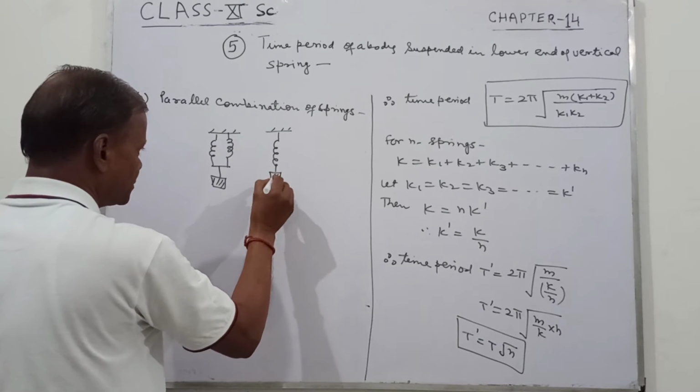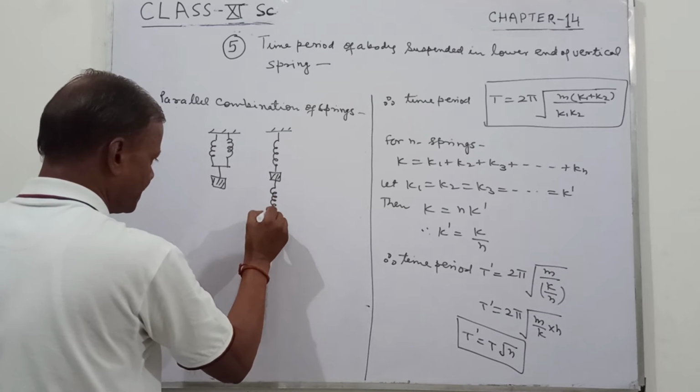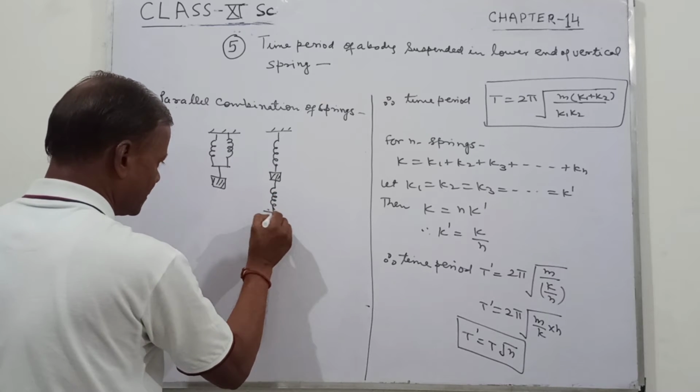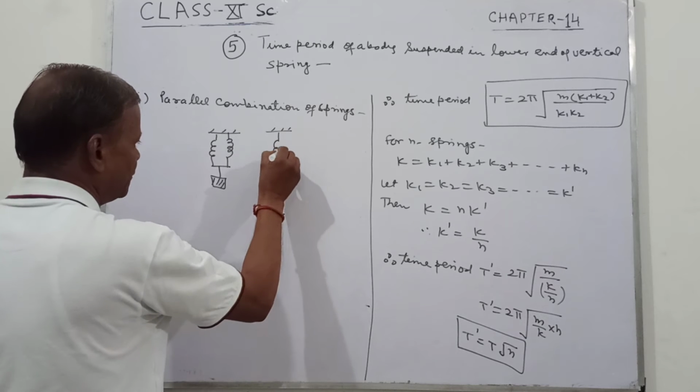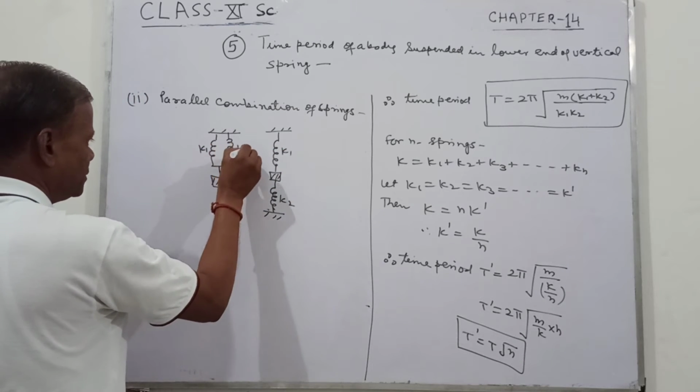This is a mass, and this is now the second spring. This is the force constant K1, this is K2, it is K1, this is now K2.